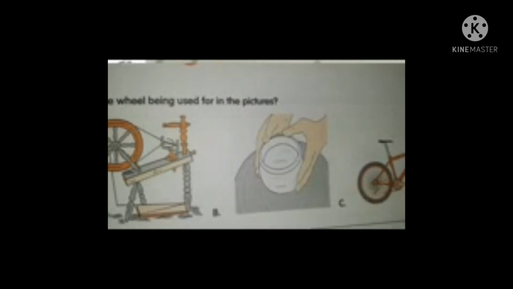How are the wheels being used in the pictures? How do you think the early humans used the wheel? Do you think they would have used a bicycle? No. Would they have used the wheel to make cotton gloves? No. Would they have used it to make pots on the potter's wheel? Yes.